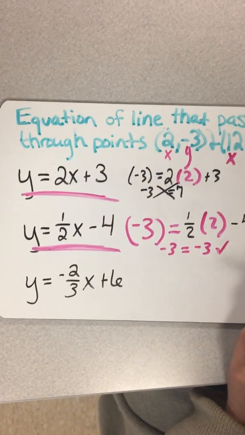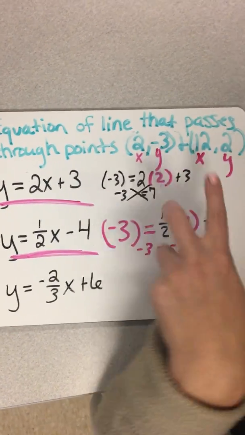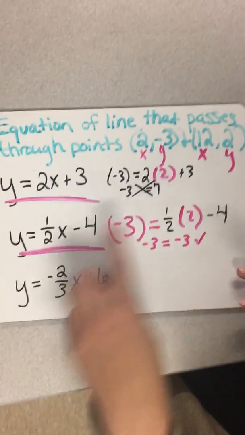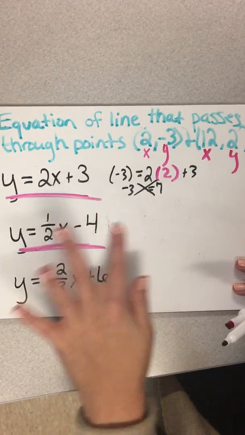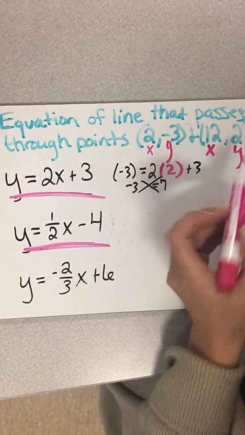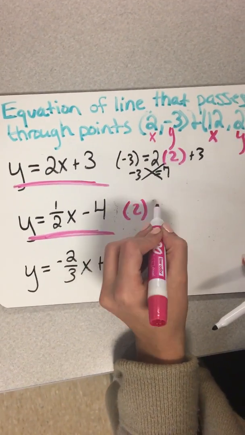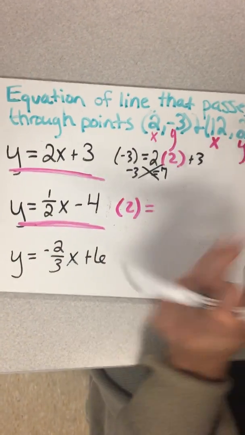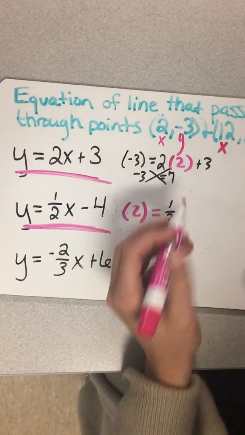Yes, that checks out. But there are 2 points given to us, so you have to try both points. I know my first point works with this equation. Let's try my second point. So for this point, my y value is 2. So I'm going to put 2 in for y equals, then I have 1/2, and my x value for this point is 12.